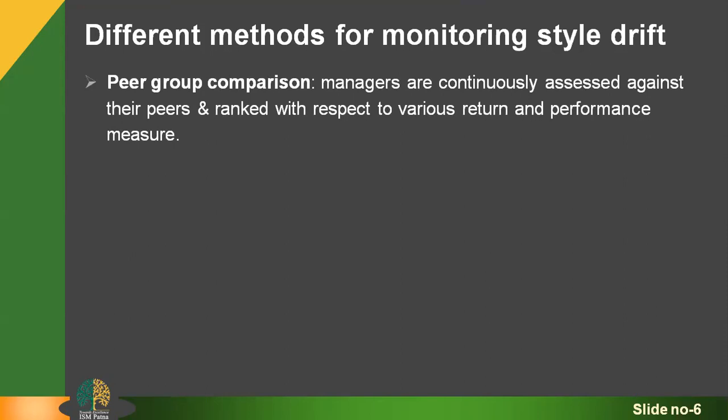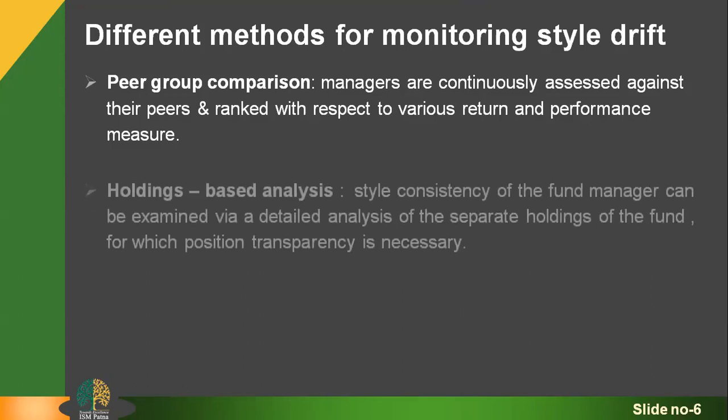Change in ranking has to be observed regularly. Underperformance with respect to peers is a leading indicator of a potential style drift, and relative overperformance may be an indicator of abnormal risk levels. Whenever there is overperformance, it can be stated that an abnormal amount of risk is being taken by the fund manager, whereas underperformance can indicate some kind of potential style drift.